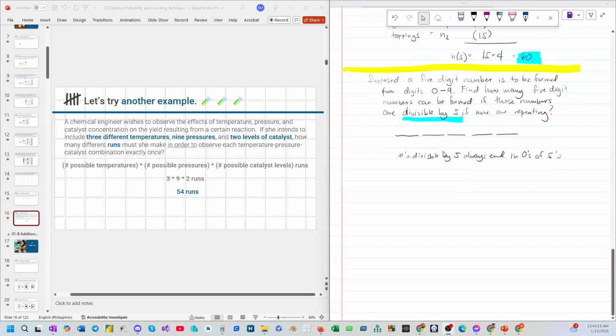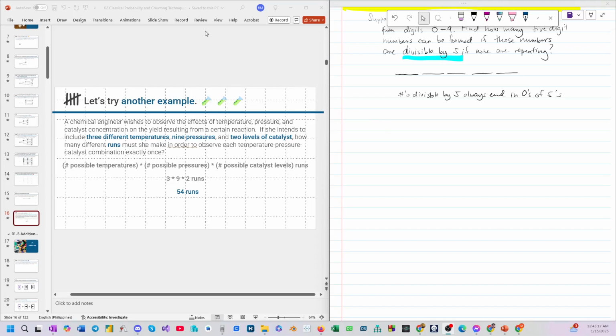So let's say, for example, all numbers ending in 5. In other words, if we're gonna be mapping it out, so we have 1, 2, 3, 4, 5. Pero the fifth one is already 5. So, wala magre-repeat.